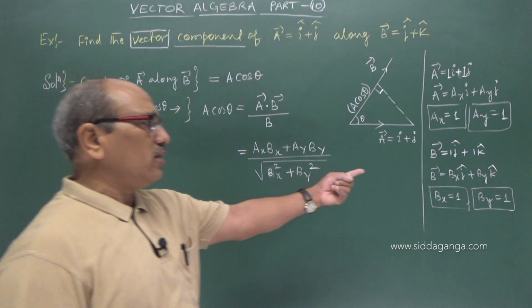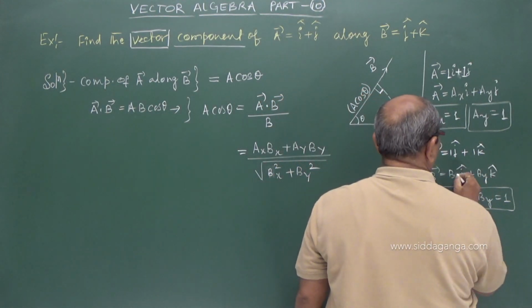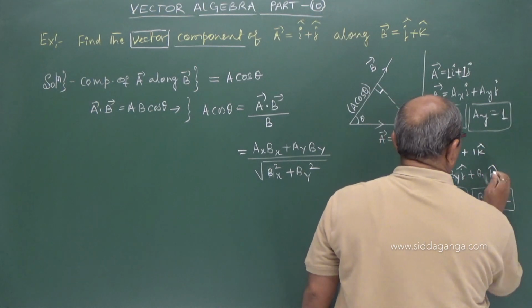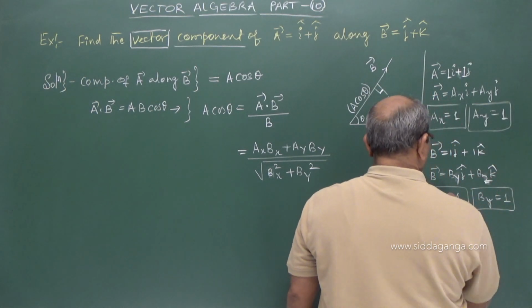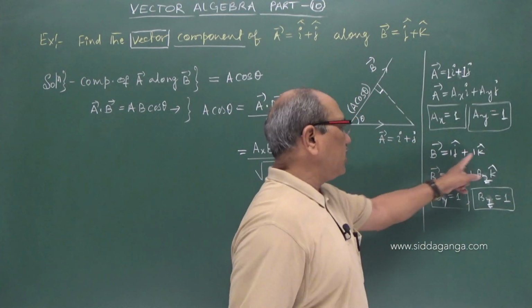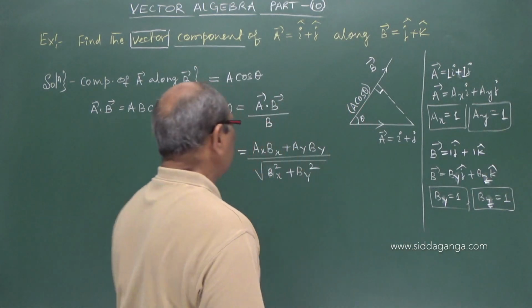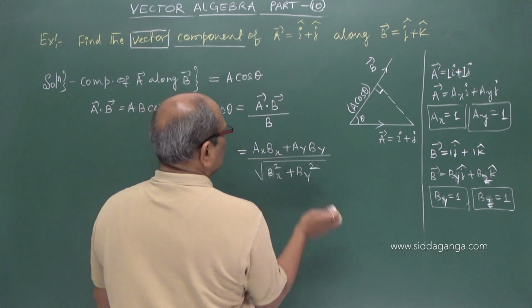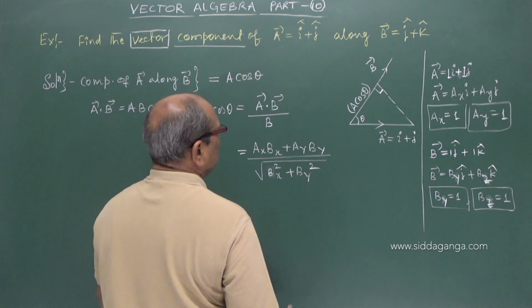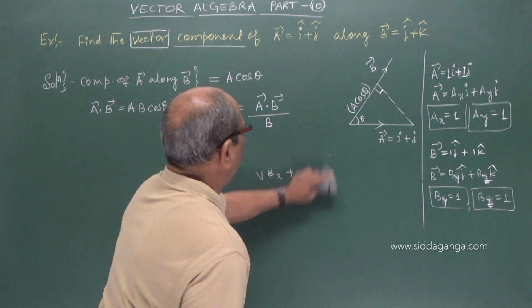Here it is j and k, so BY and BZ, because j is the Y component and k is the Z component.